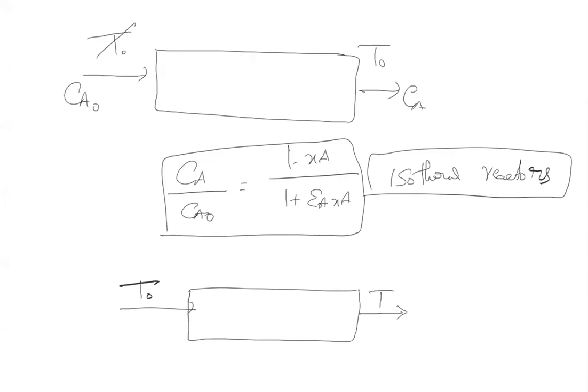If the temperatures are the same, say the inlet is 300 Kelvin and the outlet is also 300 Kelvin, then CA at 300 Kelvin divided by CA naught is (1 minus XA) by (1 plus epsilon A XA). The conversion given is 0.4, so 1 minus 0.4 divided by 1 plus epsilon A into 0.4. But how do you calculate epsilon A?